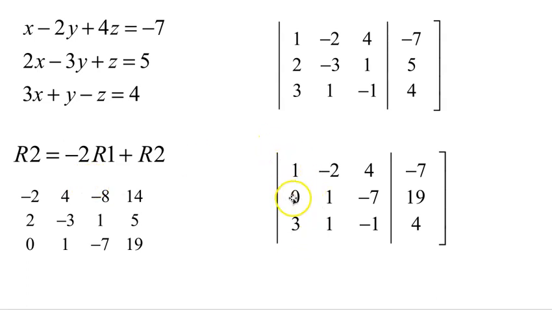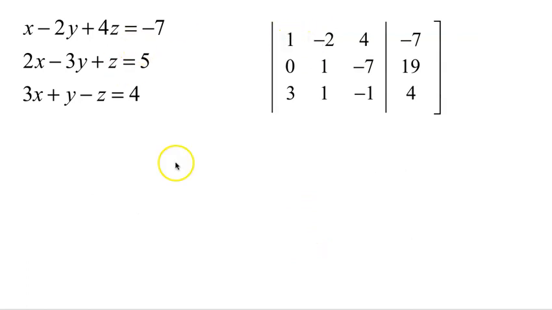Next up, we want to convert that 3 into a 0. So we're going to multiply the first equation, the first row, by negative 3 and add that to the third row. So negative 3 times the first row plus the third row is what we want for our new row 3 to pivot on the 1 to turn the 3 into a 0. So negative 3 times 1 is negative 3. Negative 3 times negative 2 is 6.